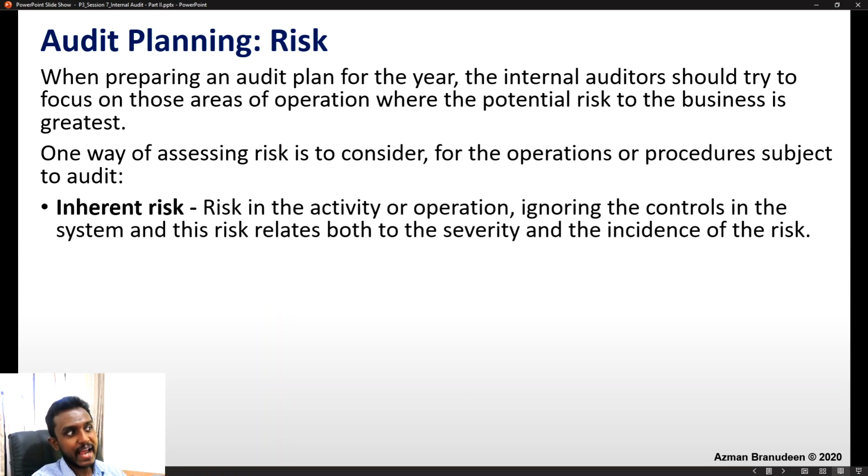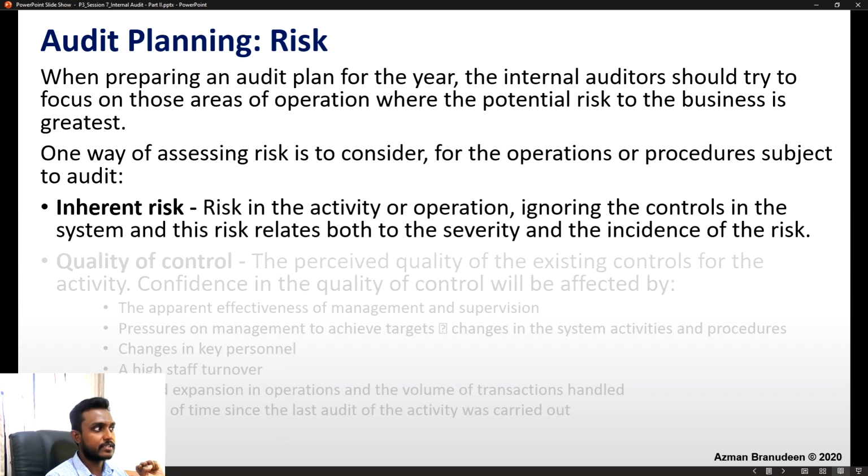That is the risk in the activity or operation, ignoring the controls in the system, and this risk can relate both to the severity and the incidence of the risk. That is on one end. You're considering the inherent risk of whatever subject of your audit.